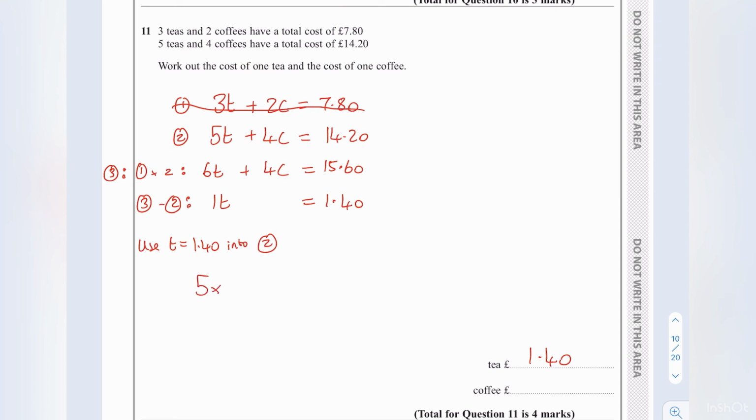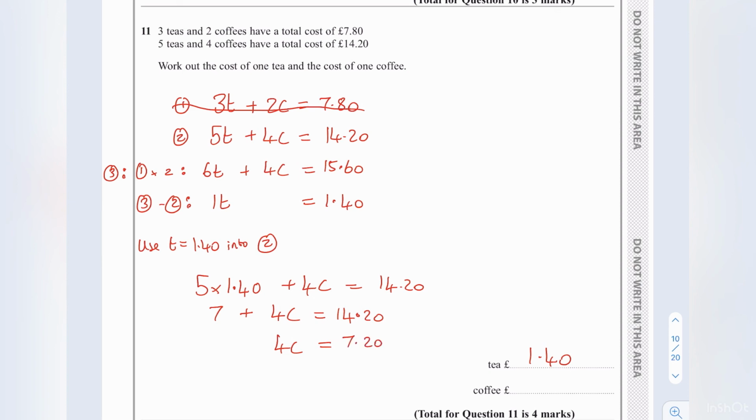I had 5t, so I've got to do 5 times £1.40 plus 4c is equal to £14.20. Now 5 times £1.40 is equal to £7, plus 4c is £14.20. Subtract the 7 and I'm left with £7.20.